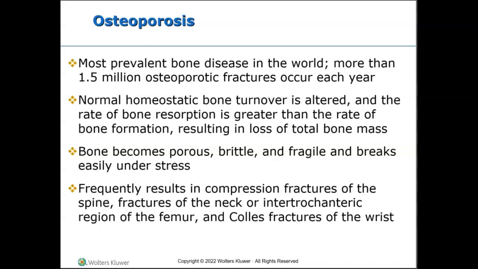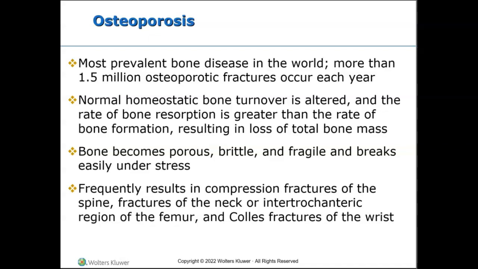Reduced levels of estrogen can lead to osteoporosis. We know there's a hereditary component. We know excessive use of steroids like cortisone can cause osteoporosis. Excessive use of thyroid hormones can cause osteoporosis. We know smoking is a factor. Excessive alcohol is a factor.